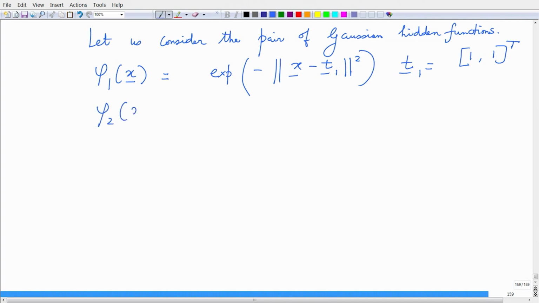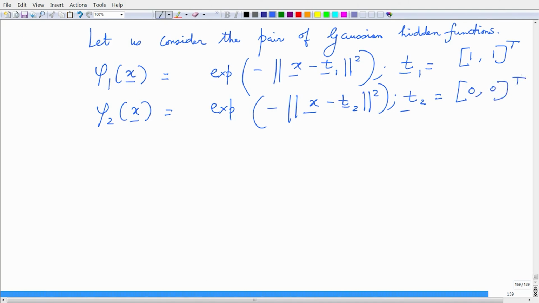Phi 2 of x is exponential of minus norm x minus t2 squared, and t2 is 0 comma 0 transposed. Now what we will do is tabulate these two functions phi1 and phi2 for various points of x, and in this case we have 4 points.